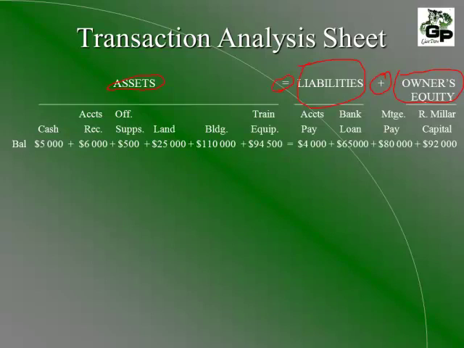We have taken all the accounts from the balance sheet and we have listed them across the top. We can abbreviate if we wish, and we list all of their amounts. Notice we have an equal sign here between the left side and the right side, and between each individual account we have a plus sign. So all the items have been transferred from the balance sheet to the transaction analysis sheet.